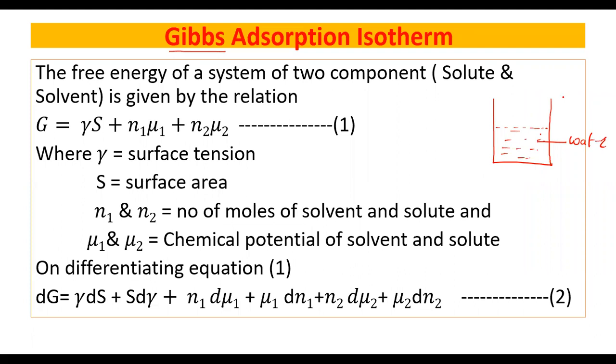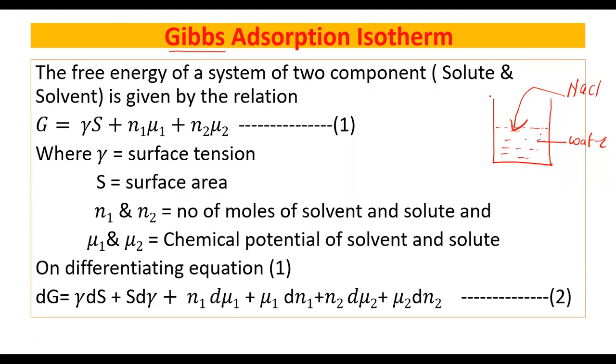Suppose that solute is sodium chloride, so it is a solution of sodium chloride in water. Which are the two components? Water is one component and sodium chloride is another component, where sodium chloride is the solute and water is the solvent.